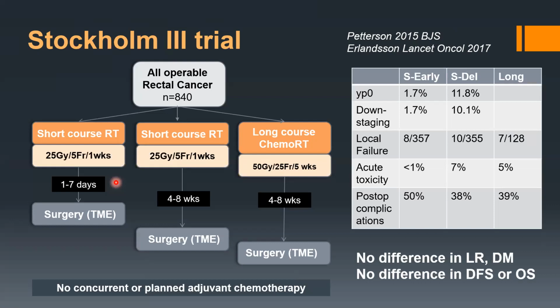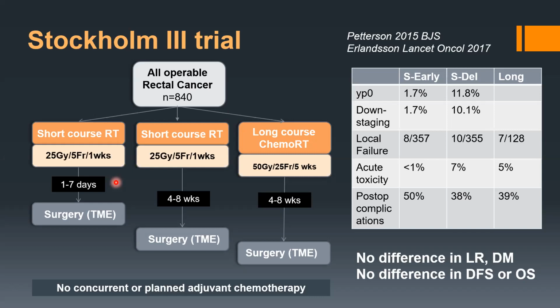It was not a very good treatment when you needed the tumor to shrink to allow sphincter preservation or negative CRM. They found that comparing short course early versus short course delayed, there was an improvement in ypT0 or pathological complete response rate with delayed surgery. There was greater downstaging.